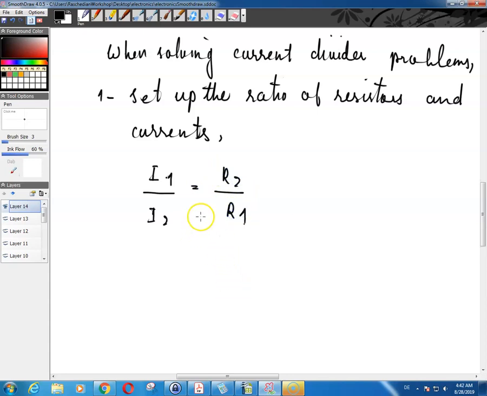If you write it the other way around, you can write I2 to I1 is equal to basically R1 to R2.